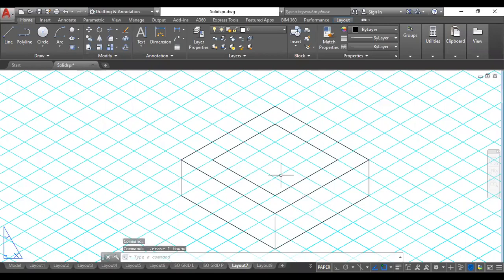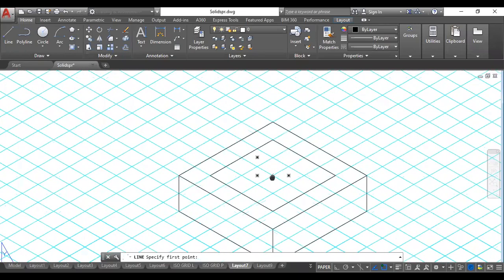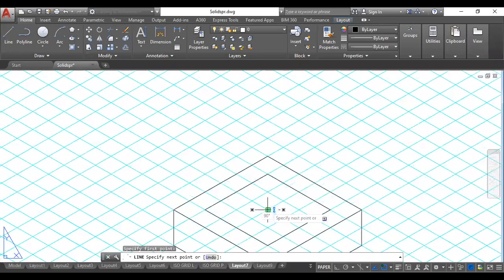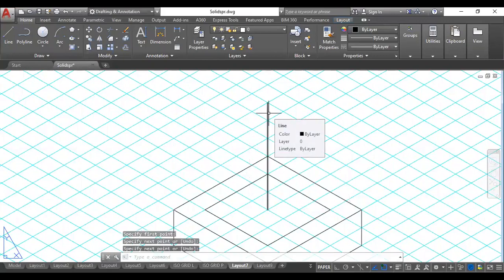This is not required. So now height is 60. From center, I have to go 60 above. So from here, 1, 2, 3, 4, 5, 6, 60. So this is the axis for the frustum of the square pyramid.